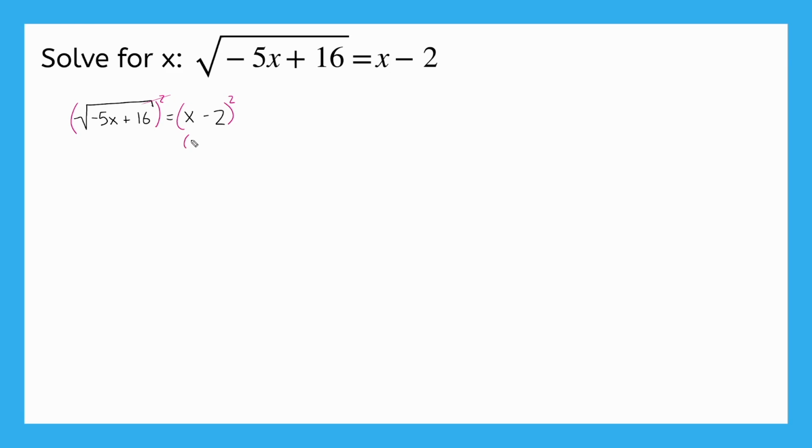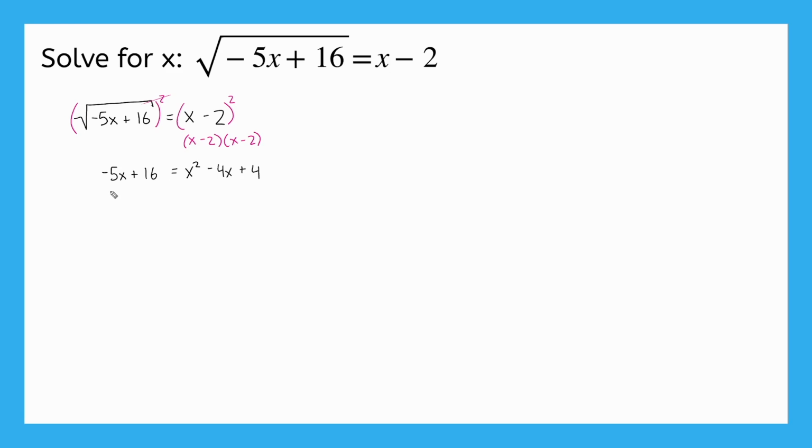On the other side, we have to multiply out x minus 2 times x minus 2. That's not a problem. We know how to do that. So we have negative 5x plus 16 is equal to x squared minus 4x plus 4. The next step is to get both sides equal to 0.